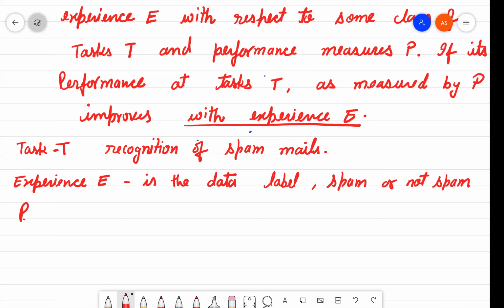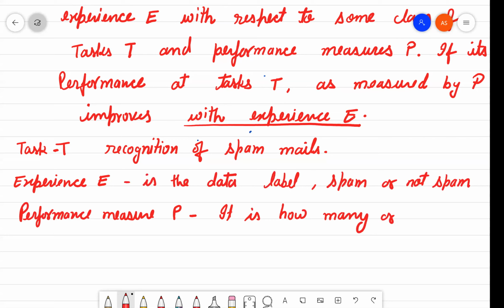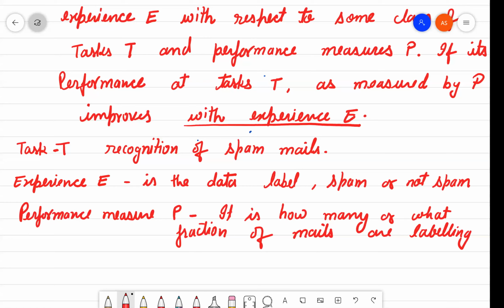And performance measure P is what fraction of mails are labeled correctly as spam.